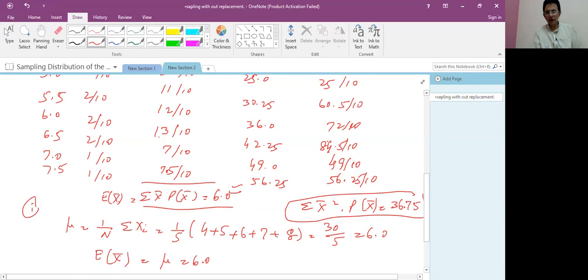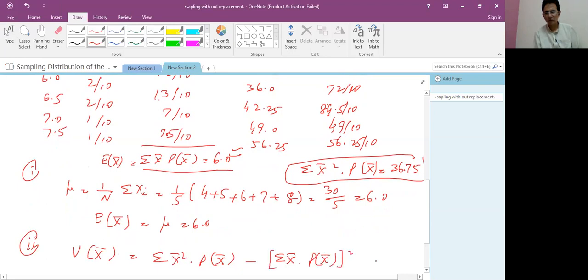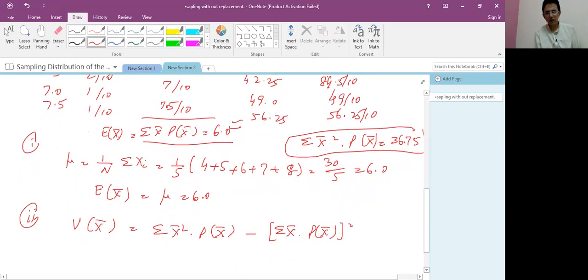Now in the second part, first we determine the variance of x bar, which means the variance of the sample mean: summation x bar square into p of x bar minus summation x bar into p of x bar, whole square. We are applying the calculator, student.